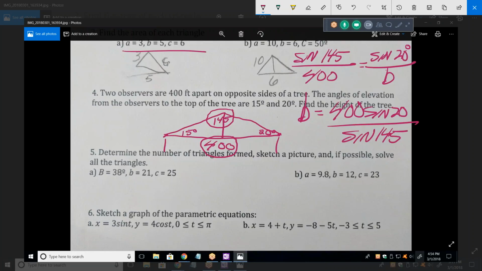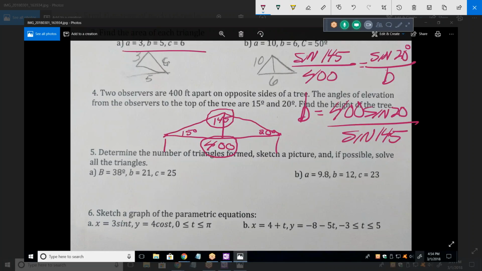Well, here, I'll just simplify this real fast. Okay, 400 sine. Give me a number for side B. Actually, there's going to be a shortcut.